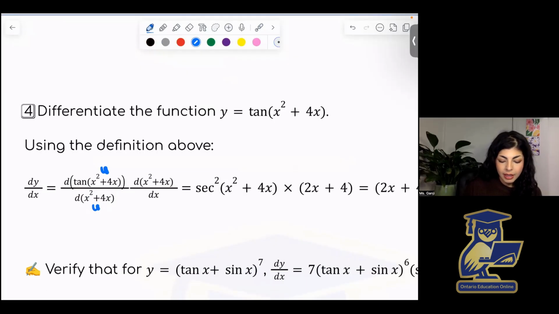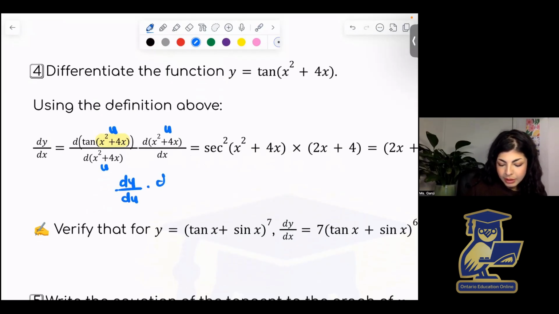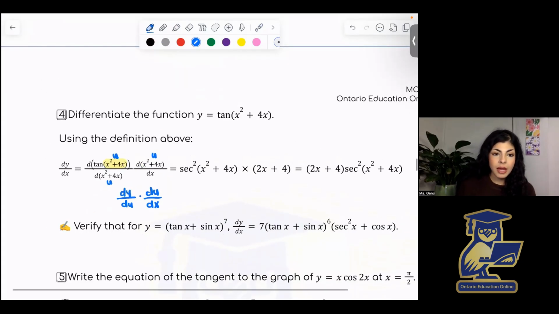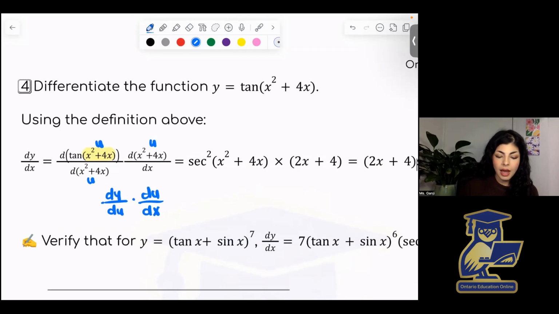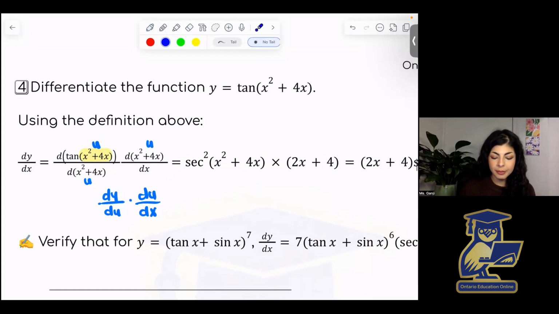And then I'm doing du/dx. So really I have dy/du times du/dx. But because I'm applying the chain rule, I can just write it as this to avoid having to define that extra variable there.